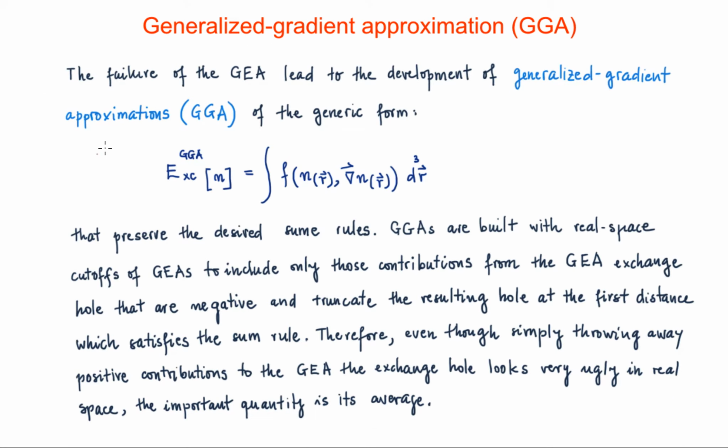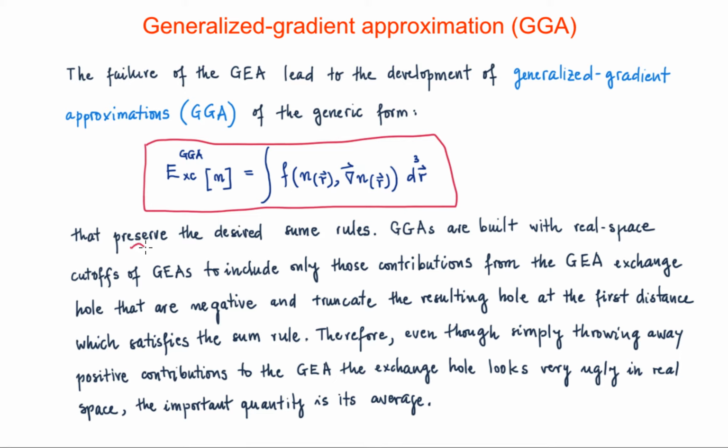The failure of the GEA approximation led to the development of what's called the generalized gradient approximation, the GGA. The exchange and correlation energy within the GGA can be written generally in this way. It's going to be an integral of a function that depends on the density and on the gradient of the density. That's why we're just considering the first-order gradient of the density. But now we are going to make an expansion so that it preserves the desired sum rules for the exchange and correlation holes.